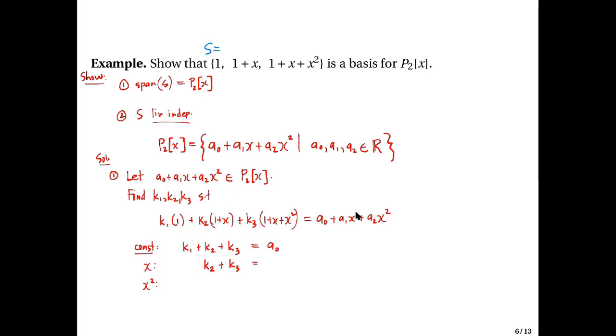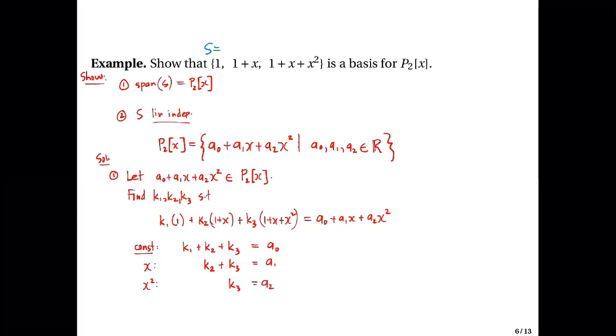And the coefficient of x on the other side is a1. And finally, for the coefficient of x squared, only the last one has an x squared, with coefficient 1 times k3. So you have k3 equals a2.